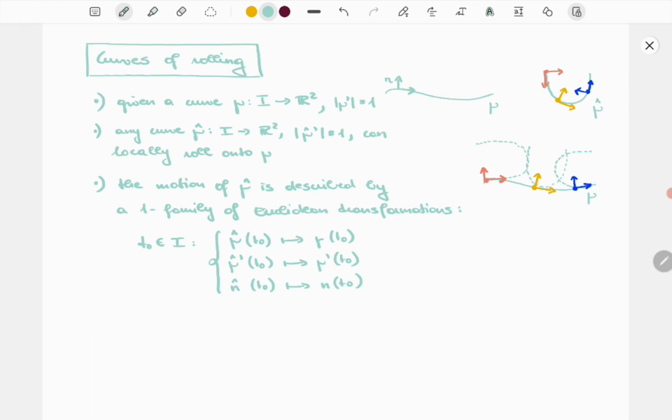And this one-parameter family of Euclidean transformations now describes uniquely the rolling of the curve gamma hat onto gamma. With this rolling, we generate further curves, namely a two-parameter family of so-called curves of rolling.